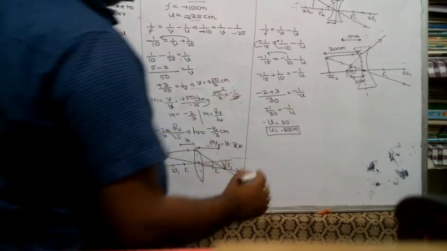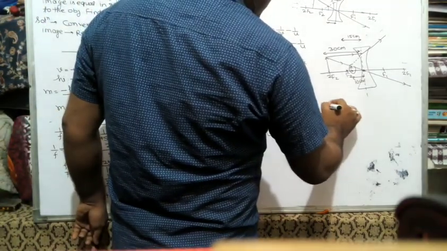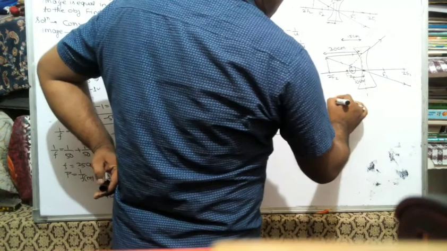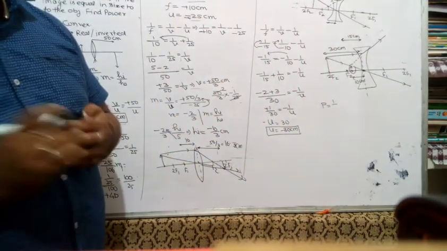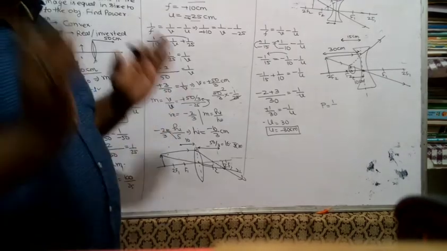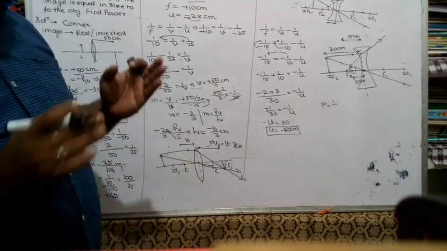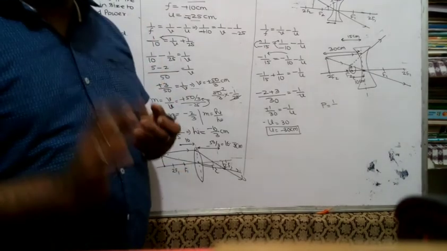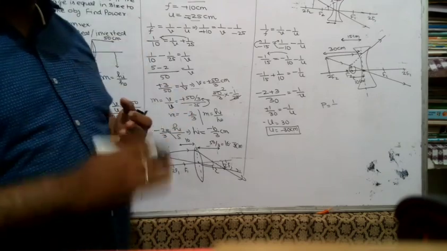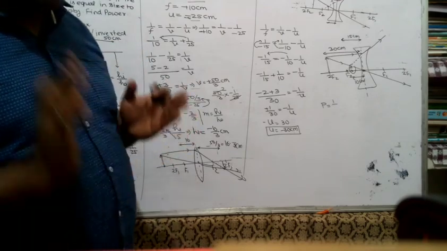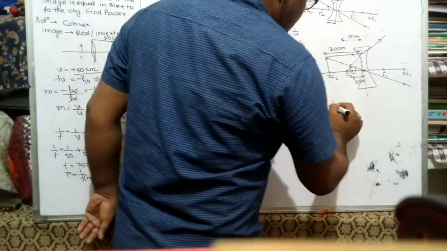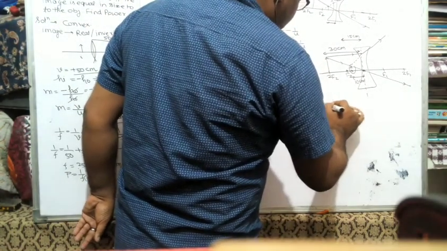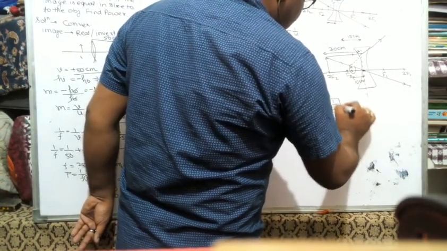And you know power is the degree of convergence or divergence. How much amount of light converges or how much amount of light diverges is decided by power of the lens. Power is reciprocal of focal length.